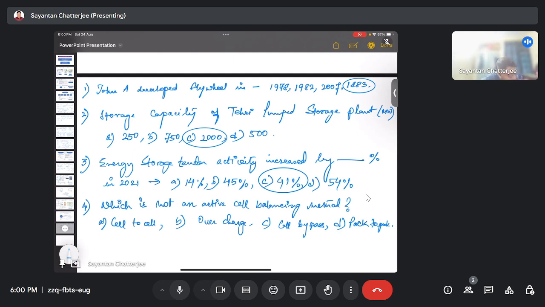Which one of these is not an active cell balancing method? Emphasize on not. So out of these, overcharge is not an active cell balancing technique. Okay.